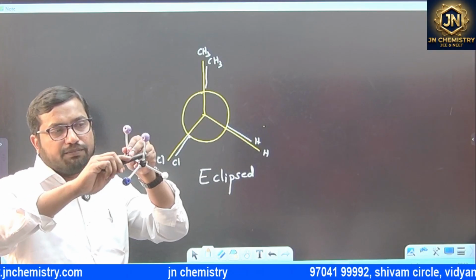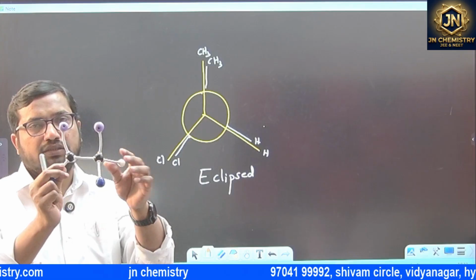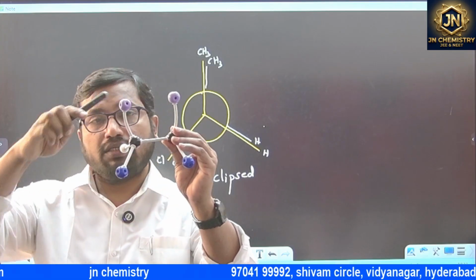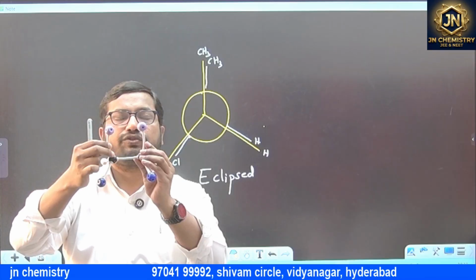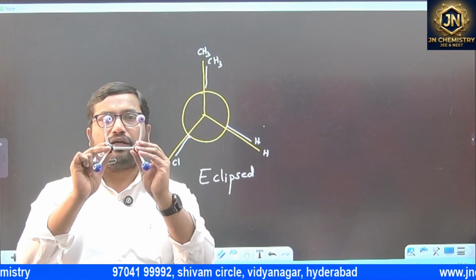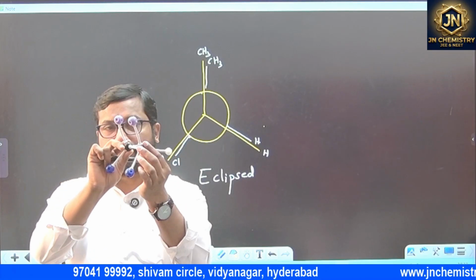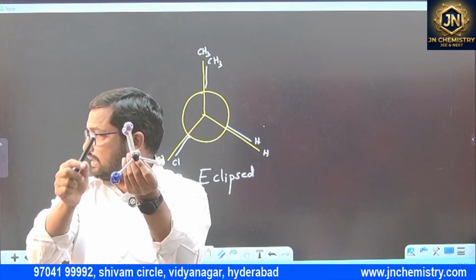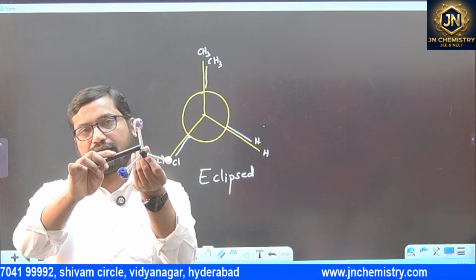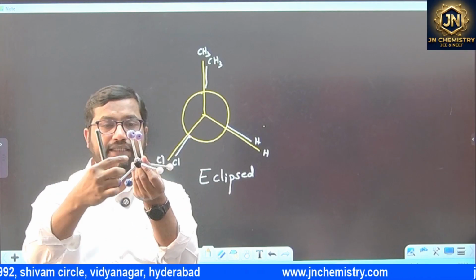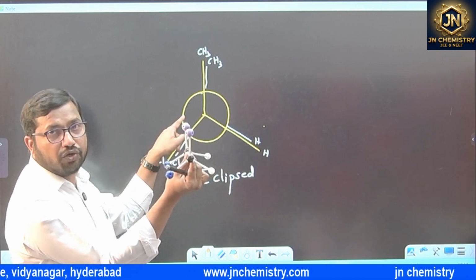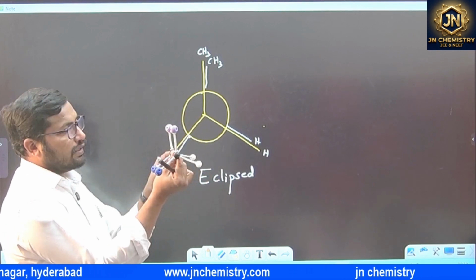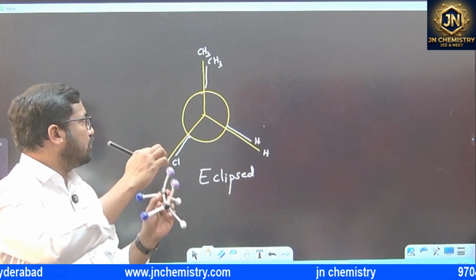And because of these bonds, we could say the torsional strain. If we are watching like this, you can see the front carbon but can't see the back carbon, right? Got it?